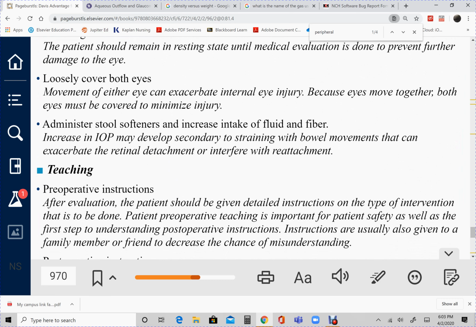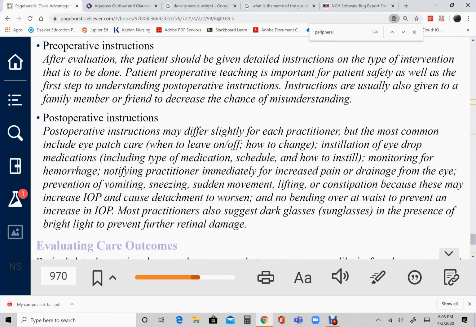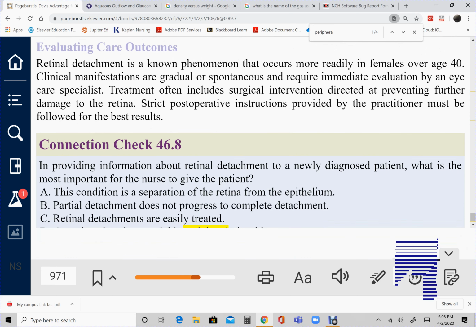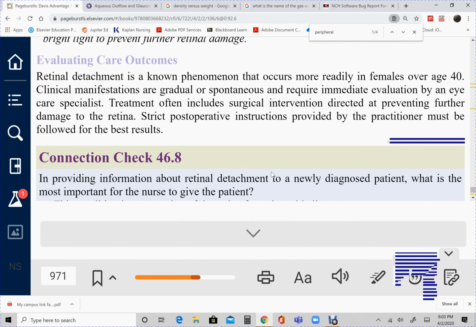And again, we teach them to avoid activities that increase IOP. We already mentioned examples, so here they are again. All right, that ends chapter 46.